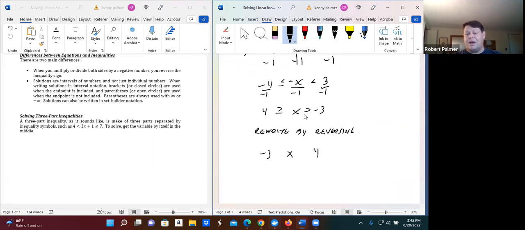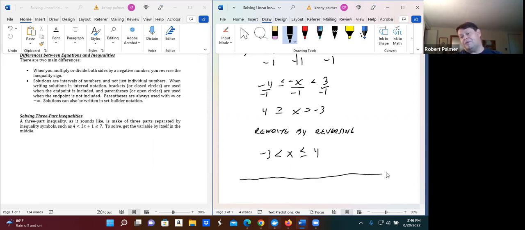Still make sure I have the same sign. So this one is going to be less than. This one is less than or equal to. So make sure the correct sign goes with the correct number. Okay, this says the same thing. This basically says that x is between 4 and -3, with 4 included, -3 not included. It says the same thing. X is between -3 and 4, with -3 not included, 4 included.